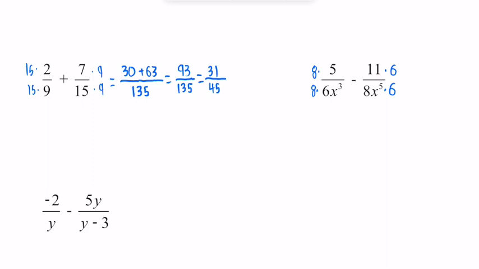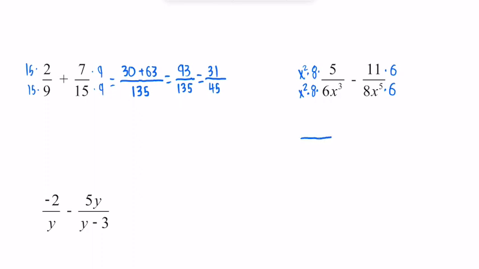However, these also have x to the third and x to the 5th in the denominators. I can leave the x to the 5th where it is, the higher exponent, but x to the third I could turn into x to the 5th by multiplying by x squared. So I'm also going to multiply by x squared on the top and bottom of that first fraction.